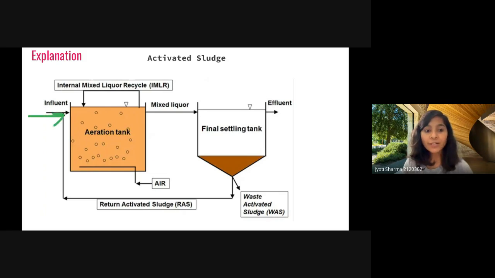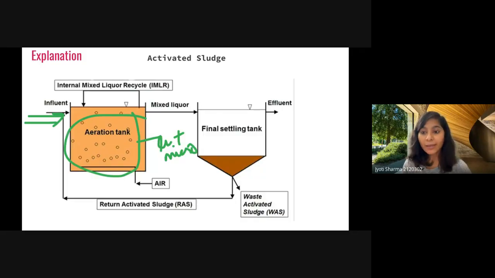We have an aeration tank, and in that tank we already have liquid plus microorganisms. When the wastewater comes in, it has organic matter, and this organic matter will be degraded by the microorganisms and converted into CO2 and H2O, and that will be released.